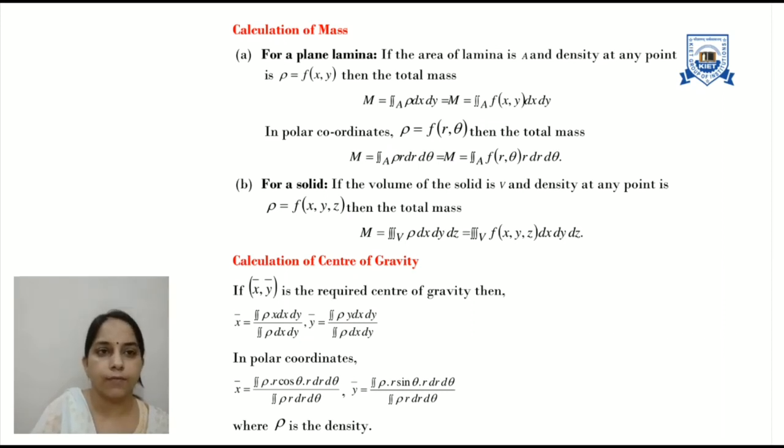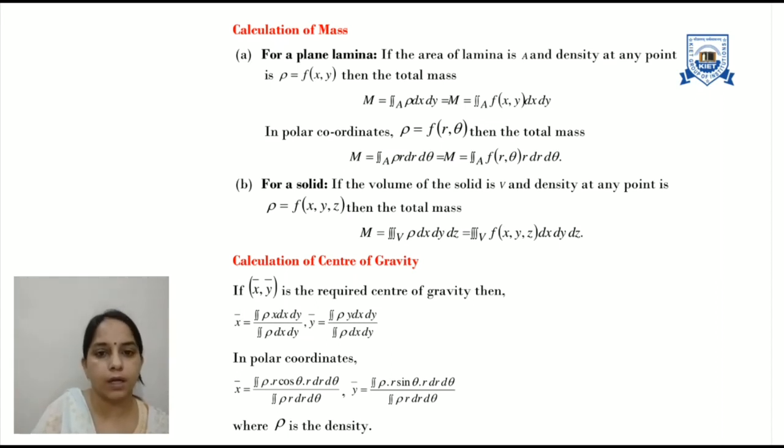So if the area of the lamina is A and the density is a function of x and y, we have mass equals double integration density into area, that is, double integration f(x,y) dx dy. In polar coordinates we have m equals double integration f(r,θ) r dr dθ.